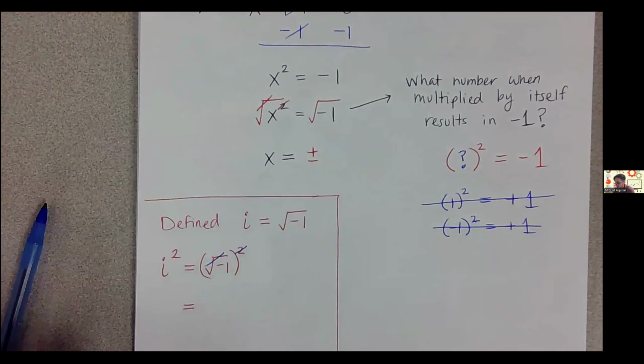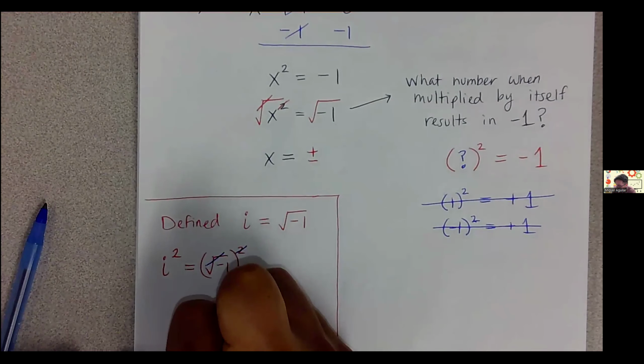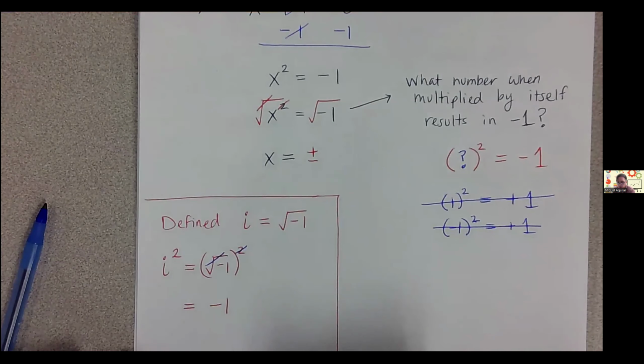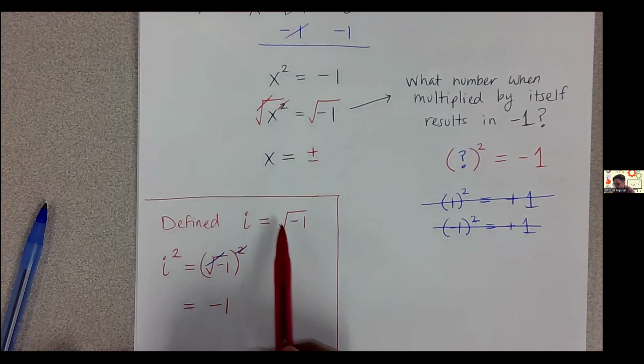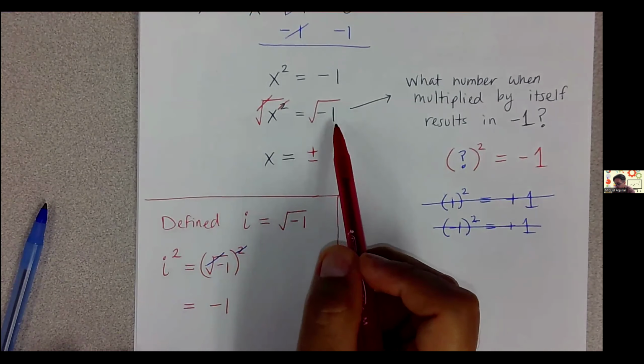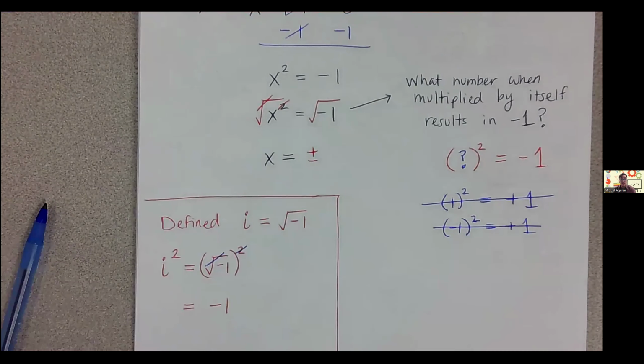And so I squared should just be equal to -1. And so there we have it. We defined I to just be the square root of -1, and it has this property where if you square it or multiply it by itself, you get a negative.